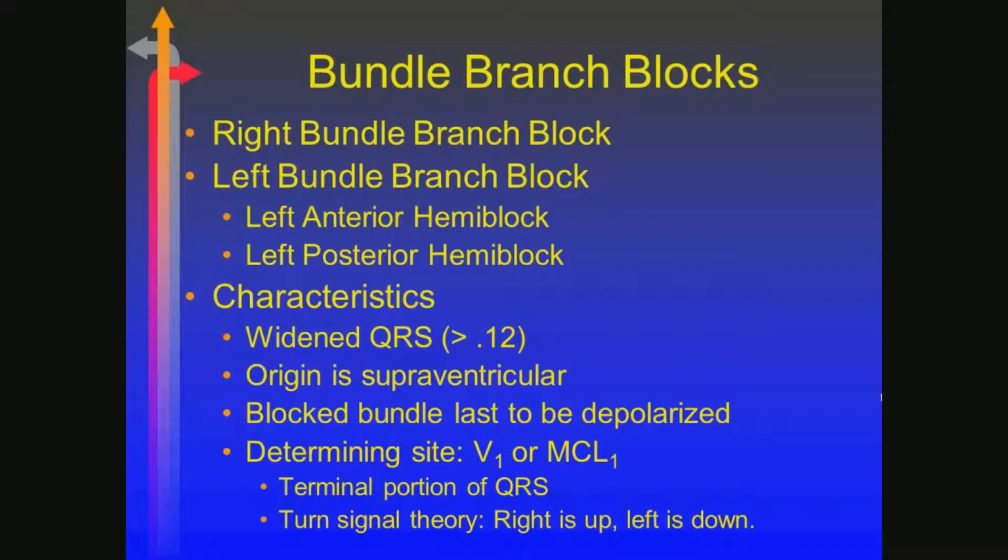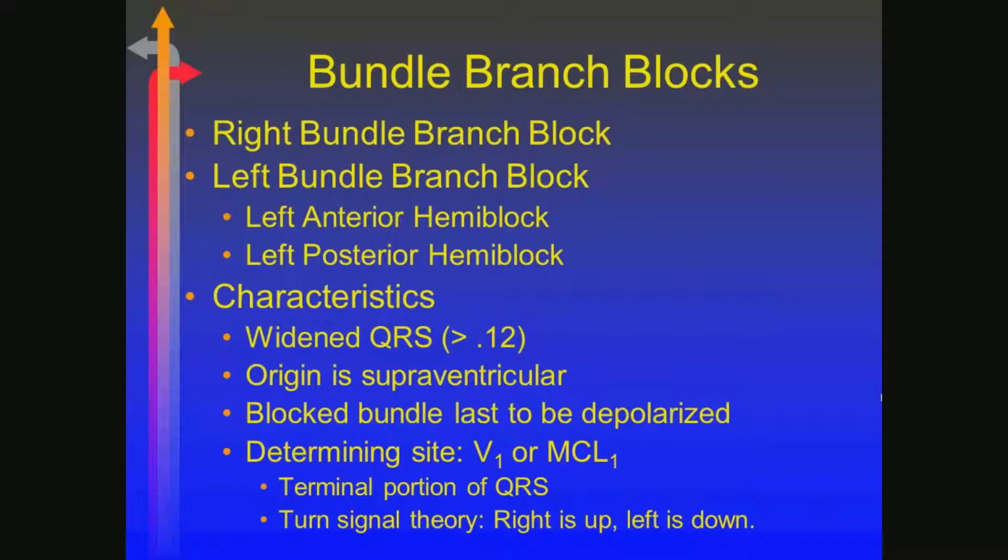What ends up happening is you end up having a widening of the QRS complex. That's part one. So a bundle branch block will always have a widening of the QRS complex. If it's greater than 0.12, which is the maximum for the normal value, we have to look at whether... back up. A widening of the QRS complex usually means that you have a bundle branch block.